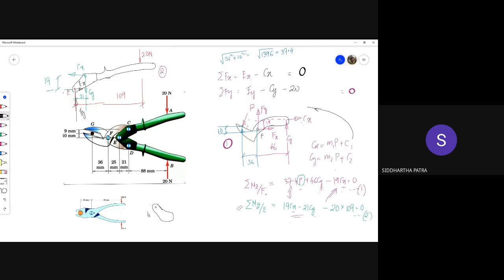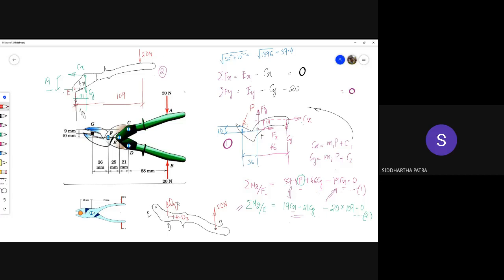So here is your E, here is your D, and then there is your B. So you have again 20 Newton force here, two unknowns Dx and Dy over here.